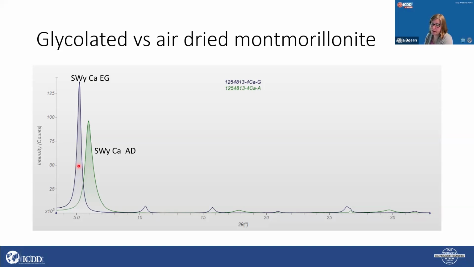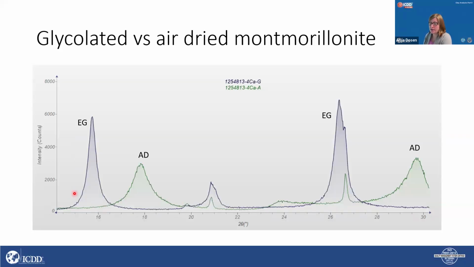This is the same sample, only air-dried and glycolated, which means that the ethylene glycol molecules are in the interlayer spacings and the d-spacing is much larger, which we observe as a smaller 2 theta value. Same thing here, just even larger differences between glycolated and air-dried samples.